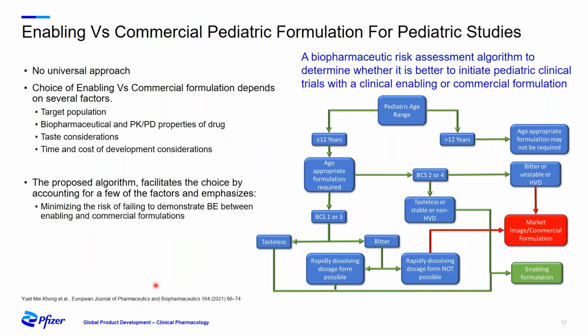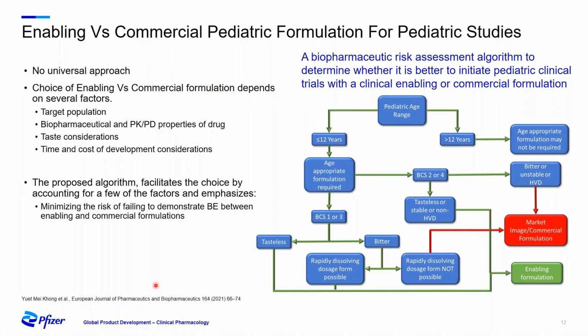So you've heard about enabling versus commercial pediatric formulation for pediatric studies, and there is no universal approach. The choice of enabling versus commercial formulation depends on several factors, and here is an example of a biopharmaceutic risk assessment algorithm to determine which is better to initiate pediatric clinical trials with, a clinical enabling or commercial formulation.